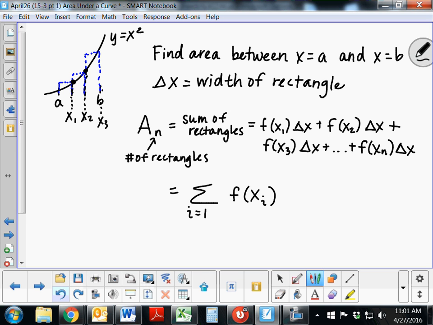And then it becomes a 2, and then a 3, and then a 4, all the way until it becomes an n. I'm going to use i. Technically, I could use anything, but we're going to keep going with this i, so it might get confusing if you don't. And they get multiplied by delta x every time.